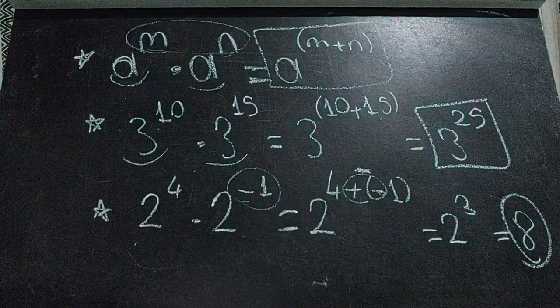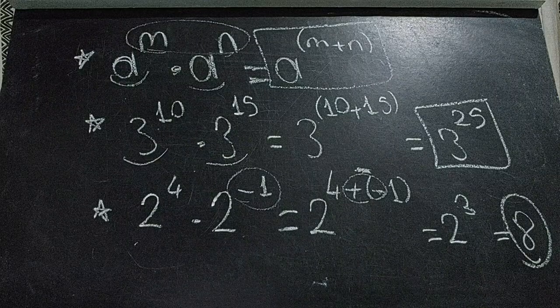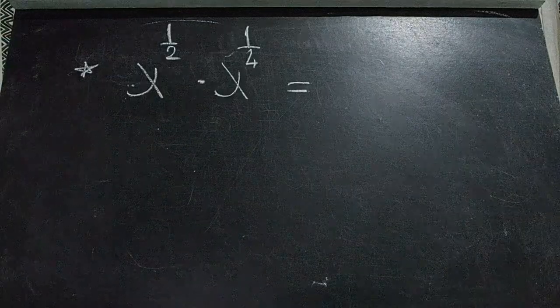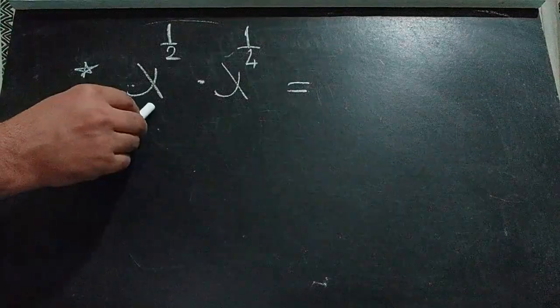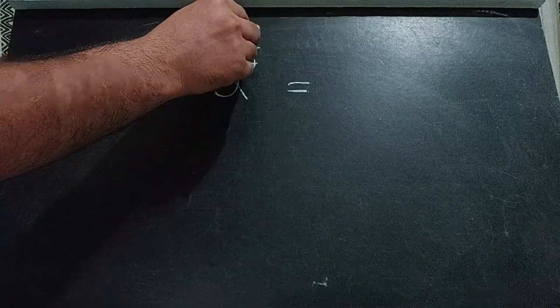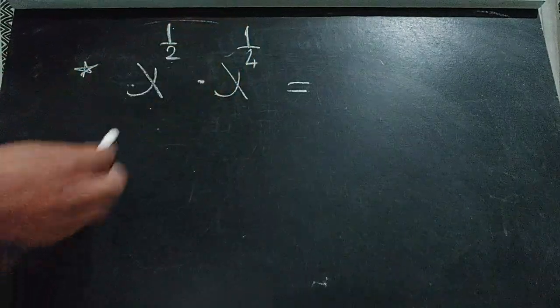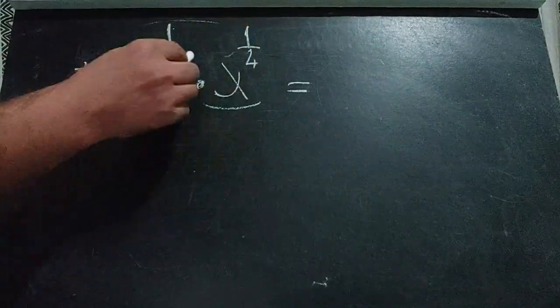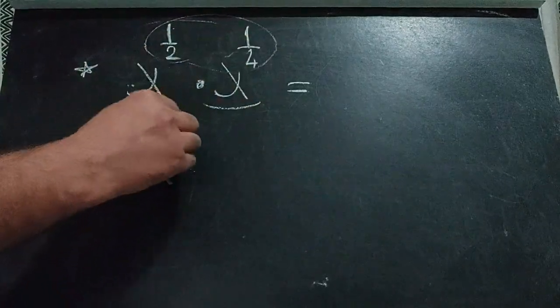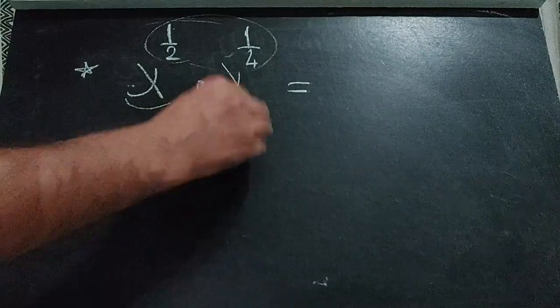Now, let me solve one question for you about this one. Okay, my question is x power 1 over 3 times x power 1 over 4. Okay, multiplication, the same bases, add them up. That will give me x power 1 over 2 plus 1 over 4.